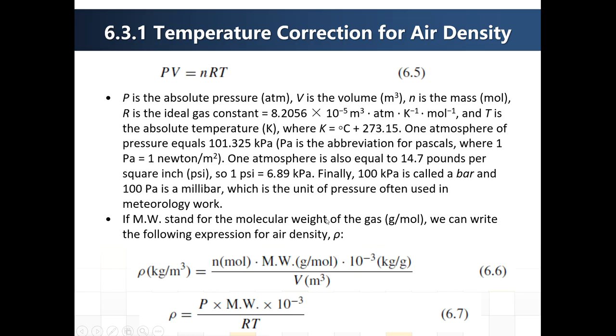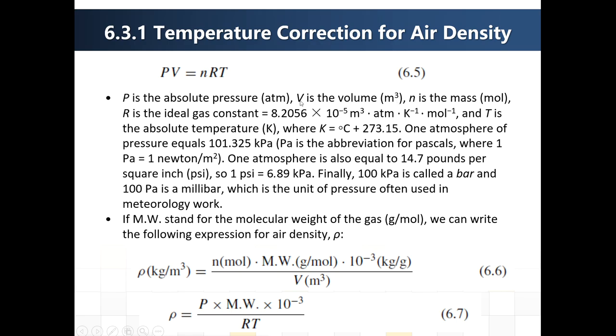Section 6.3.1 shows the temperature correction for the air density. As we know, PV is equal to nRT. P is the pressure of the air, and V is the volume in cubic meters.